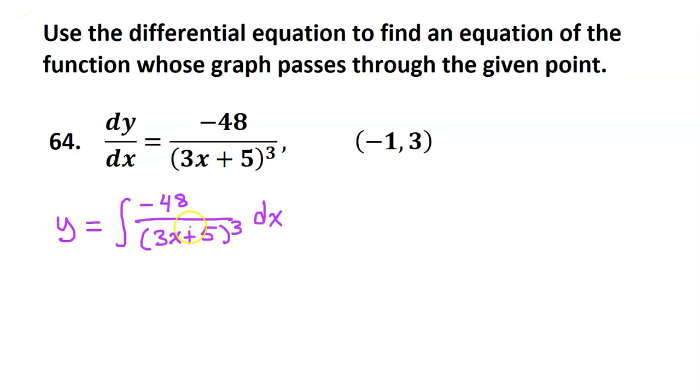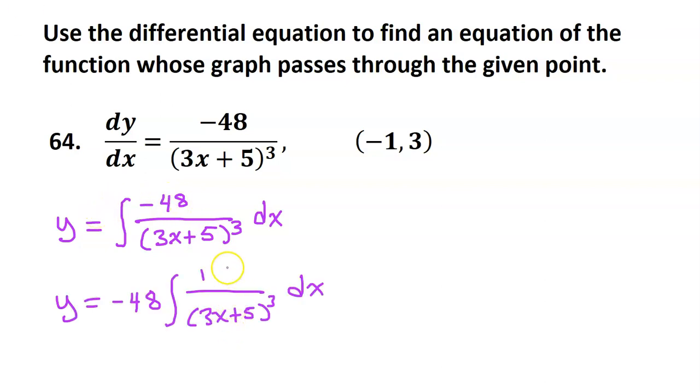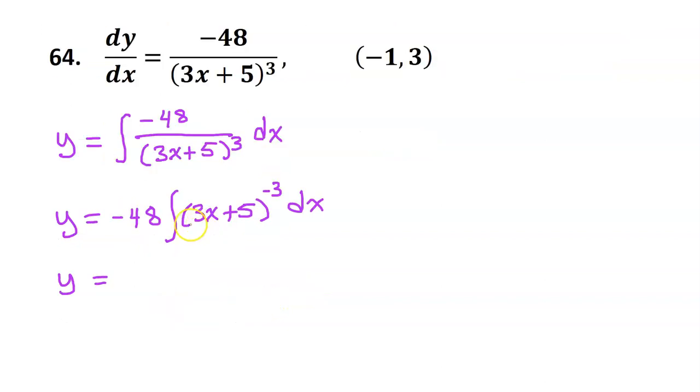For a brief moment, we have this, but let's move the negative 48 out to the front, and let's rewrite 1 over 3x plus 5 to the 3rd power as 3x plus 5 to the negative 3 power. We can find this antiderivative with a mental u-substitution. You don't even need to write this green part down.